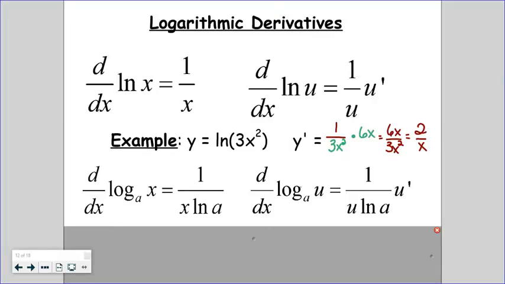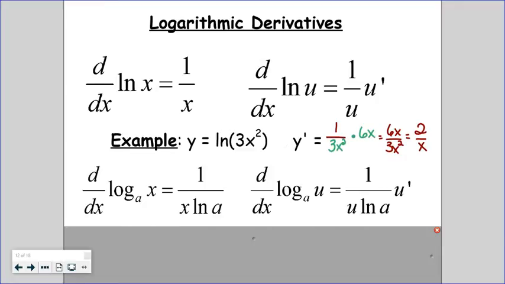Similarly, if our base changes to something other than e, so now it's a log base anything else, the rule is almost the same. It's 1 over the insides times the natural log of the base. And up here, when we would have multiplied by the natural log of the base, that would have been the natural log of e, which is 1, which is why you don't see that in this rule up here. Same rule, though. 1 over the insides times the natural log of a.